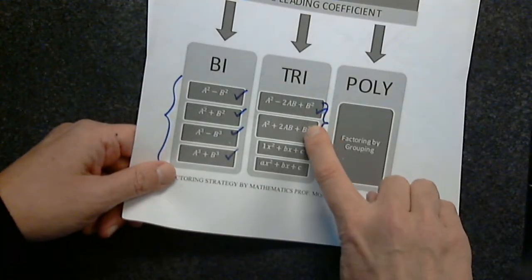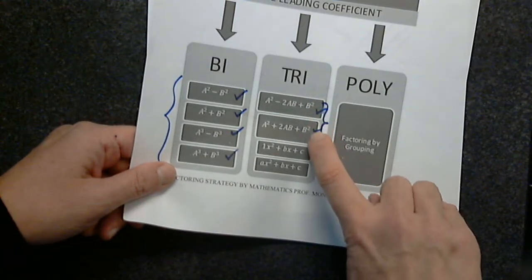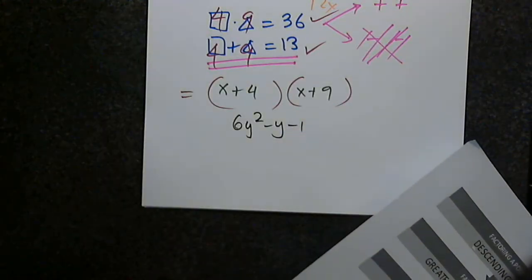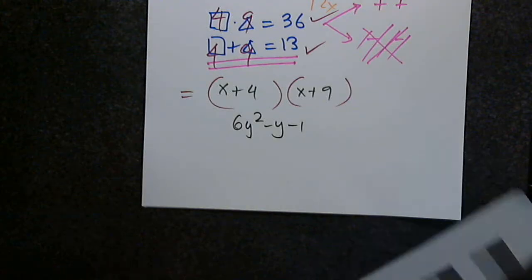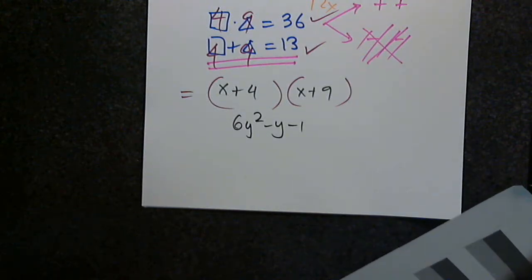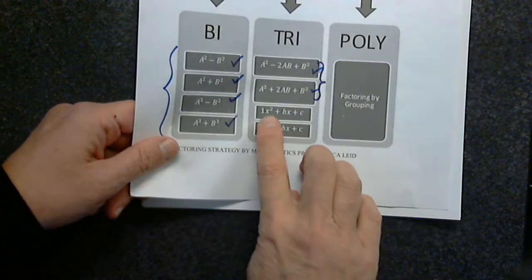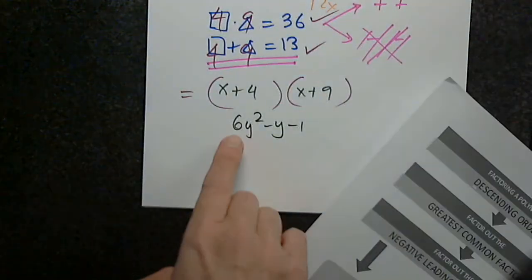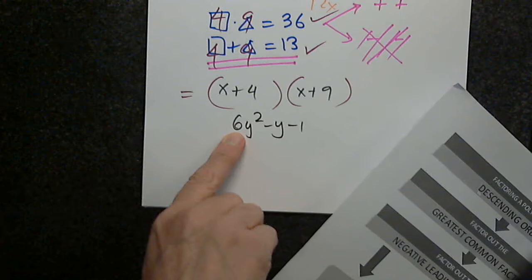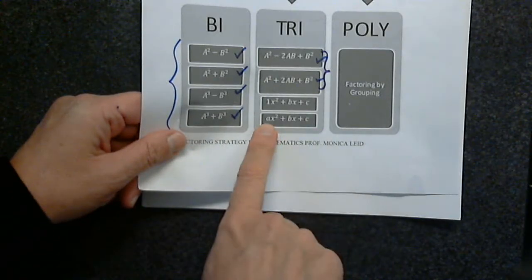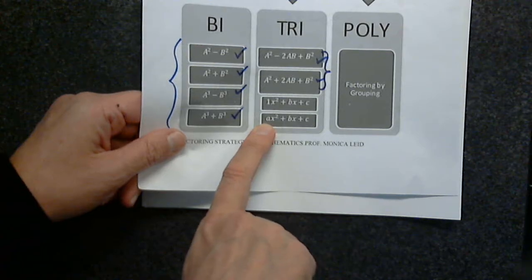There is no negative on the last term of a special product for trinomials. So once I see a negative here, I don't even need to ask myself about special product, but I want you to get into the habit of going through all the steps. Now I ask myself, is this the case with 1 as the leading coefficient? I wish. No, it's not. It's the very last one, where the leading coefficient is anything but 1.